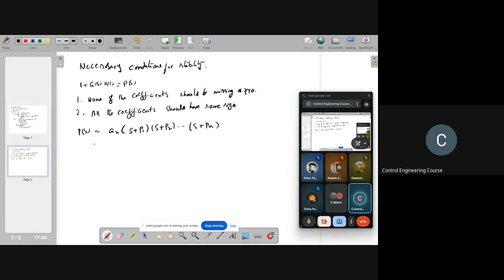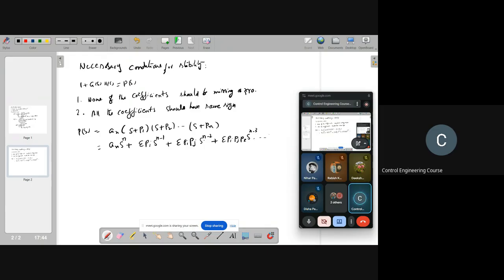Then after expanding, it looks like a_n into s power n plus sum of p_i into s power n minus 1 plus sum of p_i p_j into s power n minus 2 plus sum of p_i p_j p_k into s power n minus 3, etc.